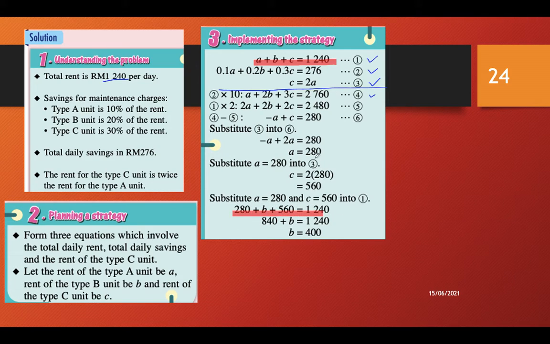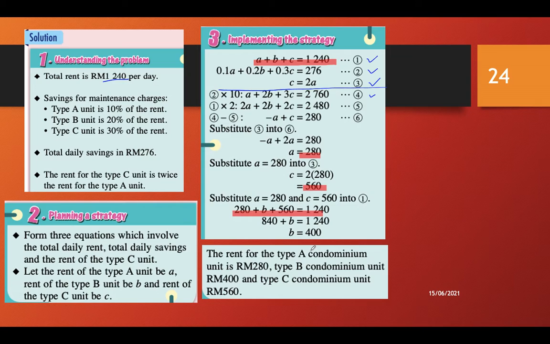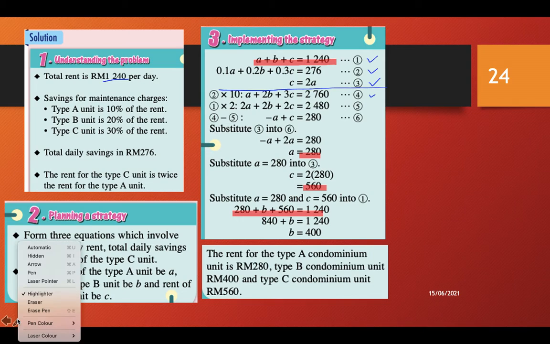Okay, A ialah 280 masuk, C ialah 560 masuk, so dapat B. So sekarang dapatlah A, B, C. So the rent for type A condominium is 280, B is 400, and C is 560.